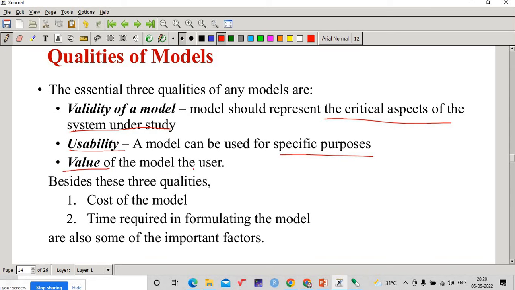Value of the model, this is also important for us. It should not be very cost consuming, right? So apart from these basic qualities, it is mentioned here that the cost of the model should be effective or efficient. The time required for building the model, formulating it and having simulations out of it, meaning results out of it, is also important for us.